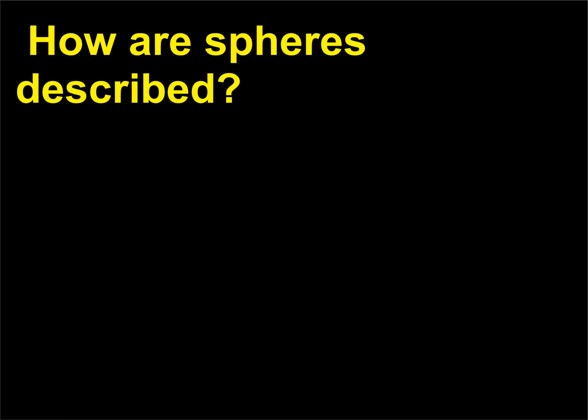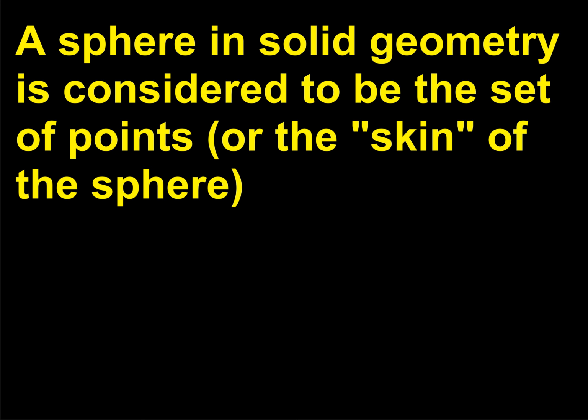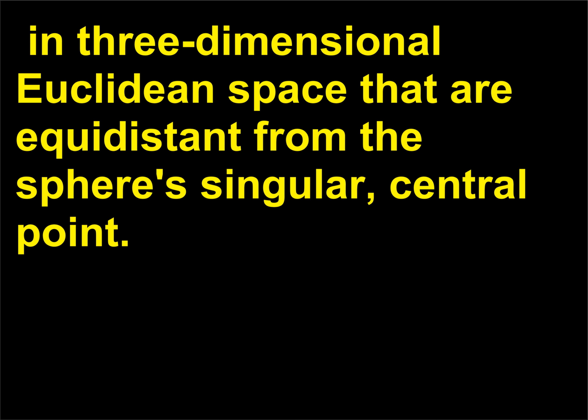How are spheres described? A sphere in solid geometry is considered to be the set of points, or the skin of the sphere, in three-dimensional Euclidean space that are equidistant from the sphere's singular, central point.